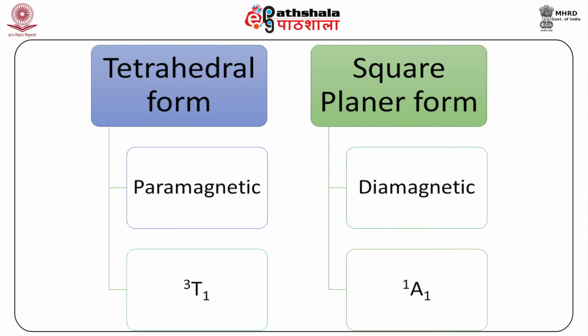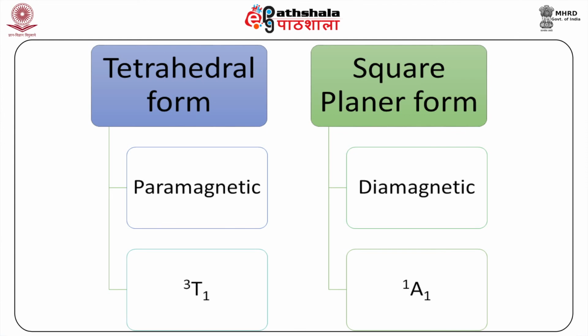With an increase in the pressure, the proportion of the low spin square planar form increases. However, the proportion of the high spin tetrahedral form decreases. This results in the decrease of magnetic susceptibility of the sample.